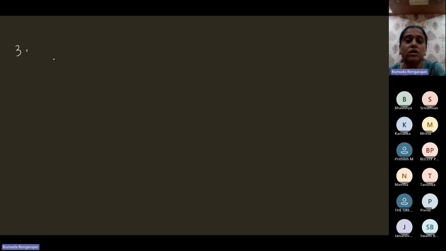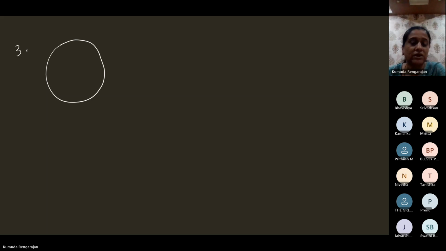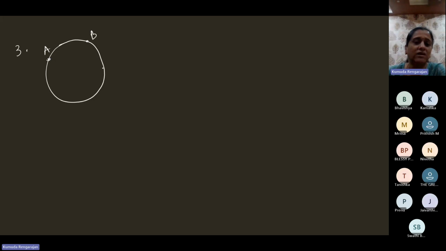Then in a cyclic quadrilateral, opposite angles are supplementary. What is a cyclic quadrilateral? If the vertices of a quadrilateral lie on the circumference of a circle. Now you can see these 4 points A, B, C, and D. They lie on the circumference of the circle.